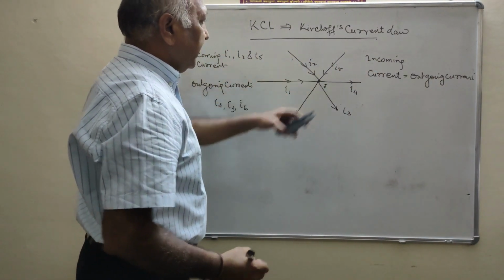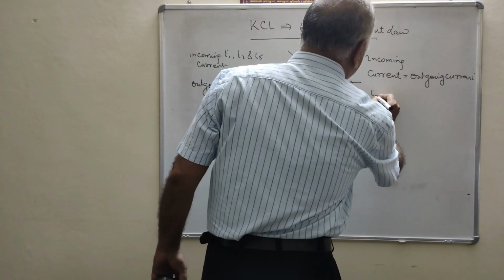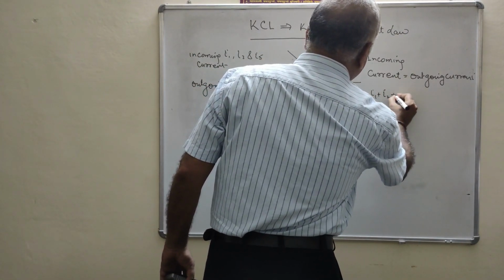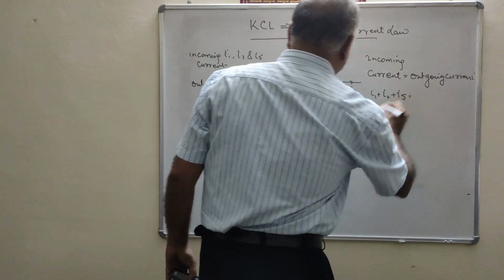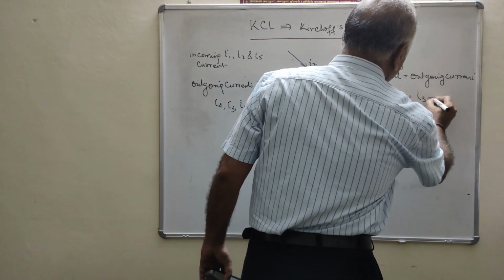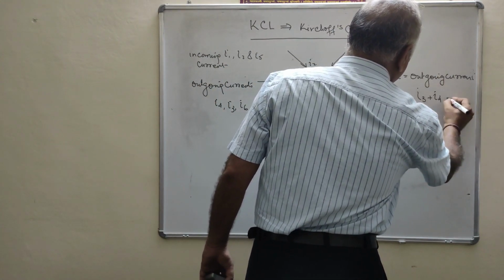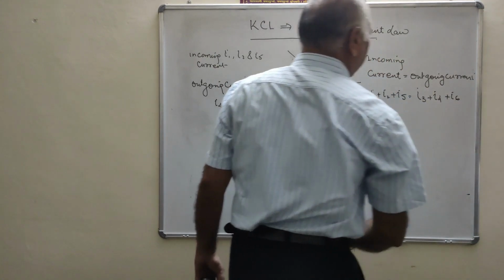Now you will see what are the incoming currents? I1, I2 and I5. That means I1 plus I2 plus I5 is equal to I3 plus I4 plus I6. Clear?